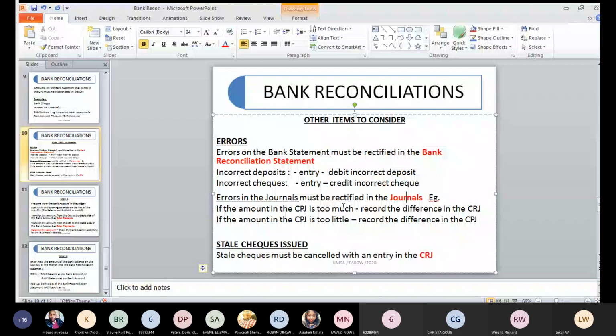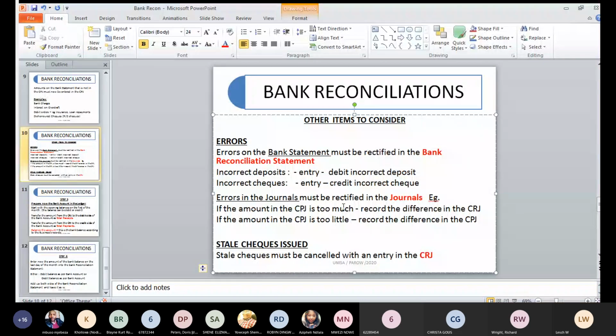The next thing that I discuss with you is the stale checks. If the business has issued a stale check, remember, a stale check is a check that is older than 6 months. We have issued the check. The person who received the check did not deposit it. Remember, he has a 6 month chance to deposit it.